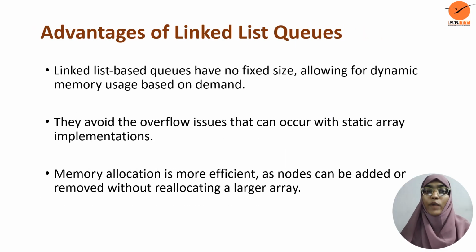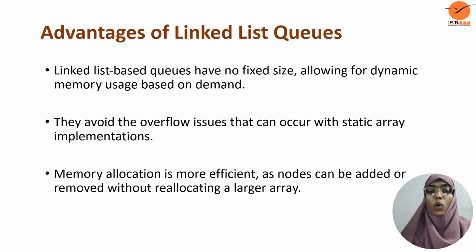Now let us see the advantages of linked list queues. Linked list based queues have no fixed size, allowing for dynamic memory used based on demand. Here it is a dynamic memory allocation. We allocate the memory dynamically.